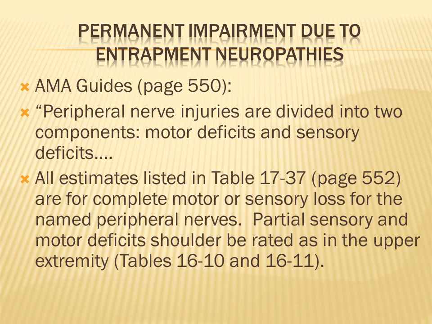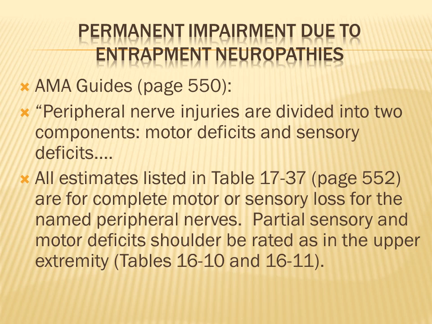The Guides go on to say that all estimates listed in Table 17-37, which I've provided a copy of for you both in the PowerPoint and in your handout materials, and which is also on page 552 of the AMA Guides, are for complete motor or sensory loss for the named peripheral nerves.